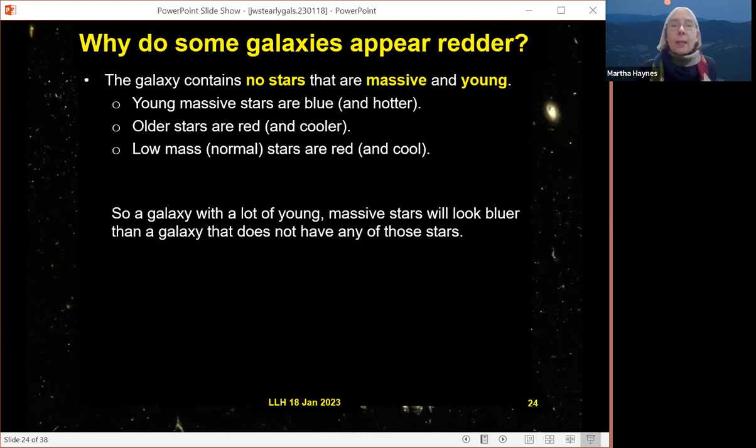So if a galaxy has a lot of young massive stars, it will look bluer than a galaxy that does not have any of those stars. If you see that a galaxy is red, it doesn't tell you anything about the young stars that are massive.